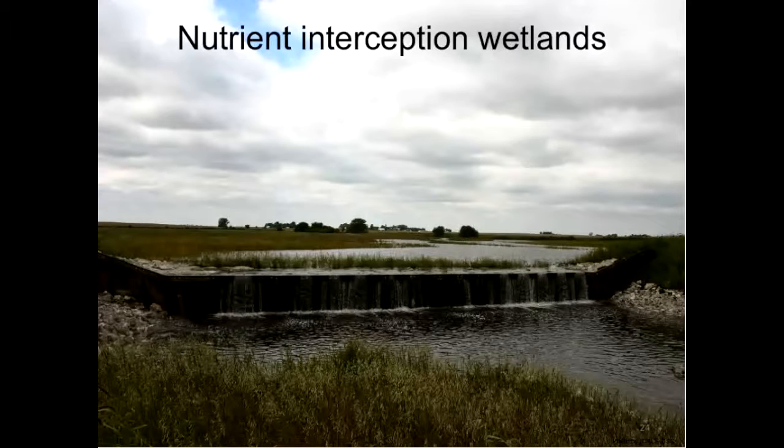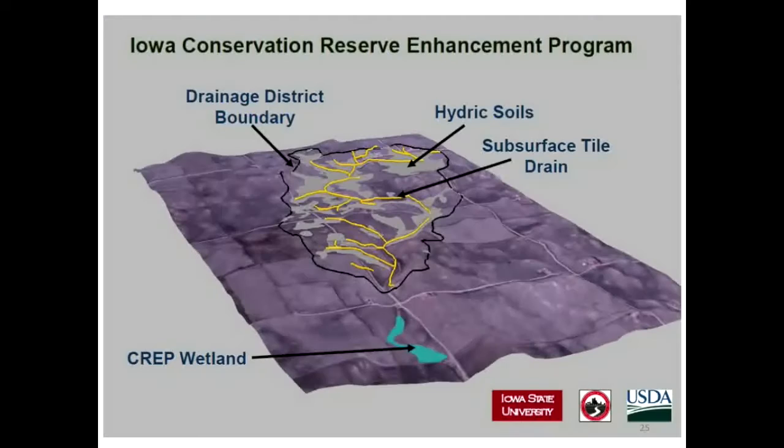Okay, and so here's the idea. Put the impoundment in the lower part of the watershed. It doesn't interfere with drainage systems in the upper part of the watershed. And so, depending on the area of this wetland relative to the contributing area, you can get 40 up to 80% nitrate removal, depending on the load coming through there.